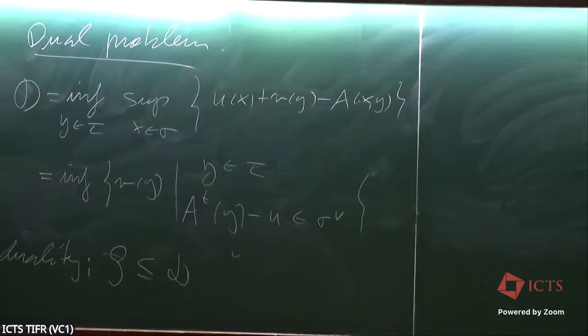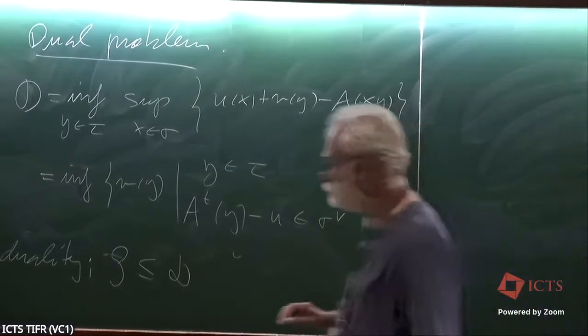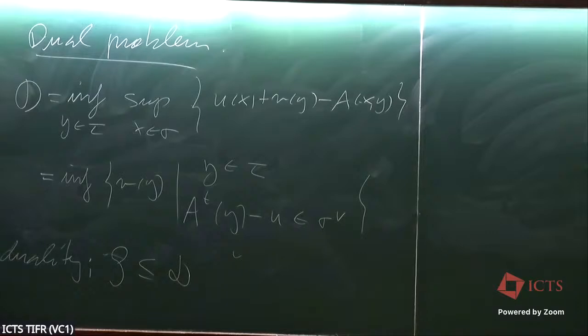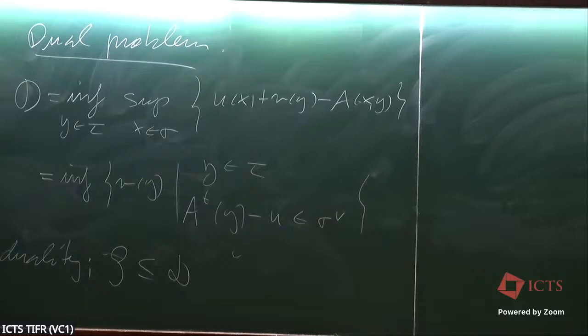Okay, now I have a little bit of terminology, because you see this problem can be out of control. For instance, it might happen that there is no x that is in sigma and that satisfies this condition. And then the supremum, since this is the empty set, the supremum will be minus infinity. Or it might happen that I have so many guys satisfying these two conditions that this is infinite.